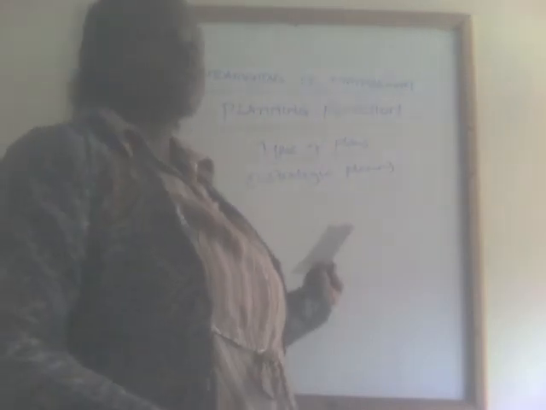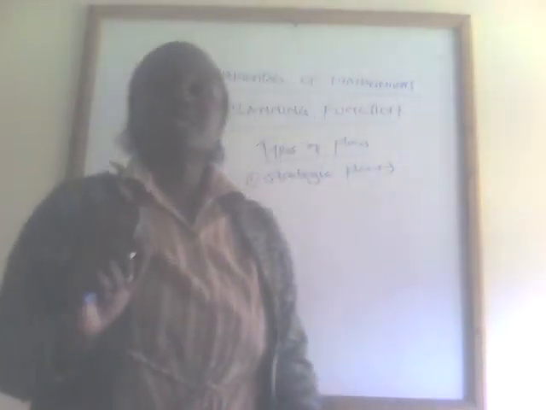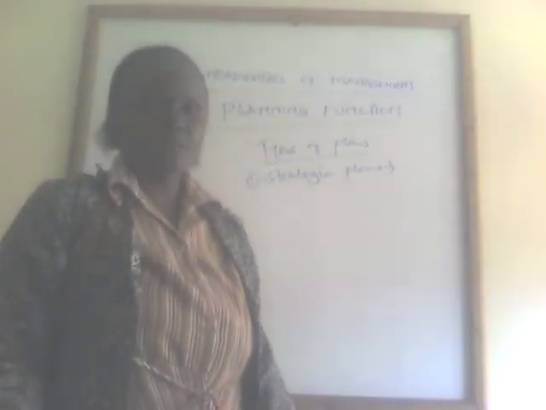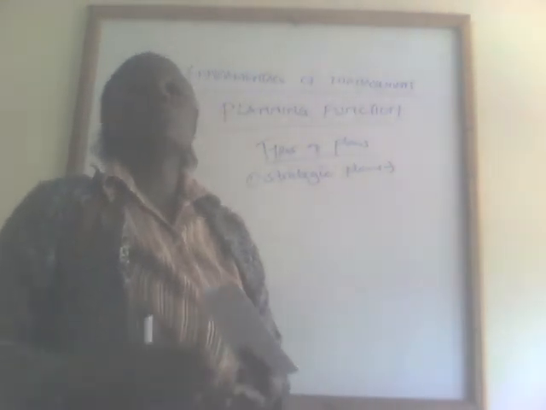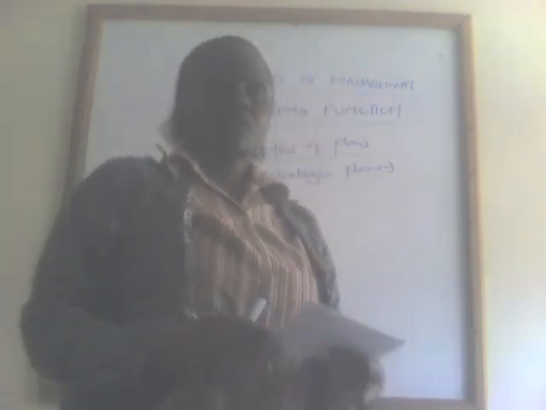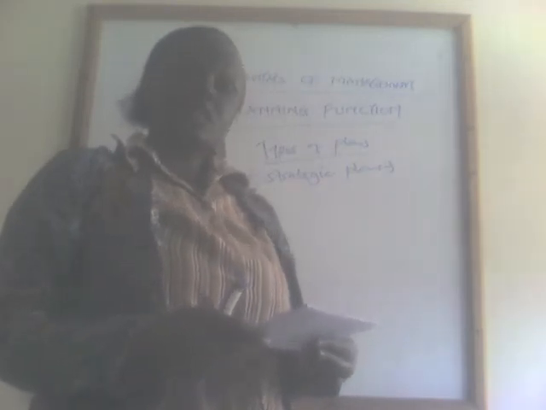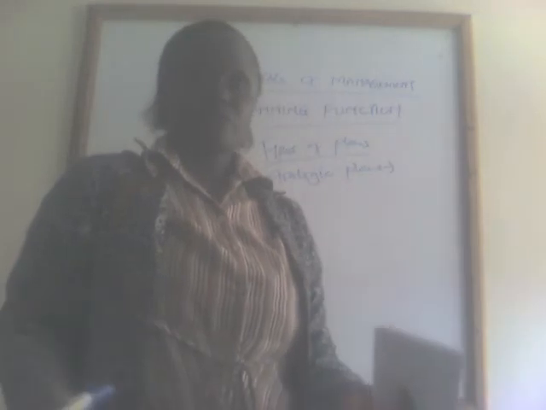The environment is the market. Where are you going to be? So it will make you know your strengths and weaknesses. Okay? So they are very important. Without them, the other plans cannot be fulfilled.